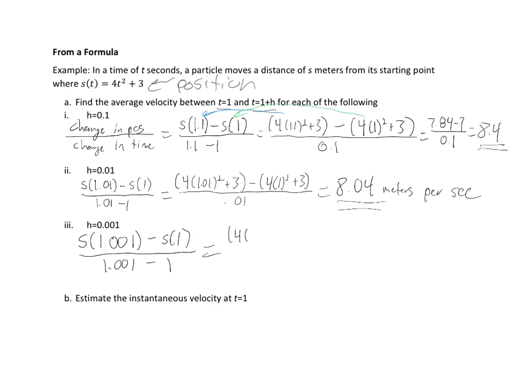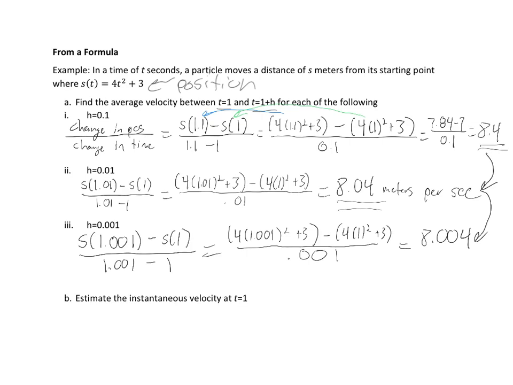That would be 4 times 1.001 squared plus 3 minus 4 times 1 squared plus 3 over 0.001. And if you work that out, you'll actually get 8.004.